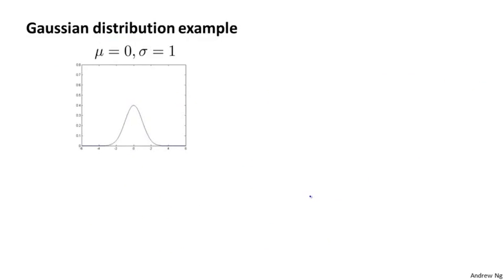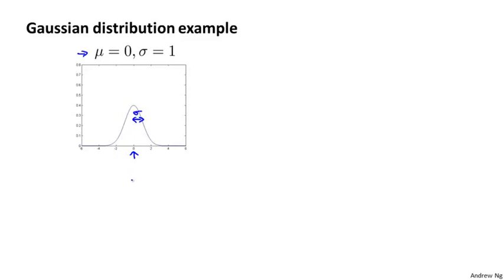Let's look at some examples of what the Gaussian distribution looks like. If mu equals 0, sigma equals 1, then we have a Gaussian distribution that's centered around 0, because that's mu, and the width of this Gaussian, that's one standard deviation, is sigma over there. The width of this Gaussian is controlled by that parameter sigma.